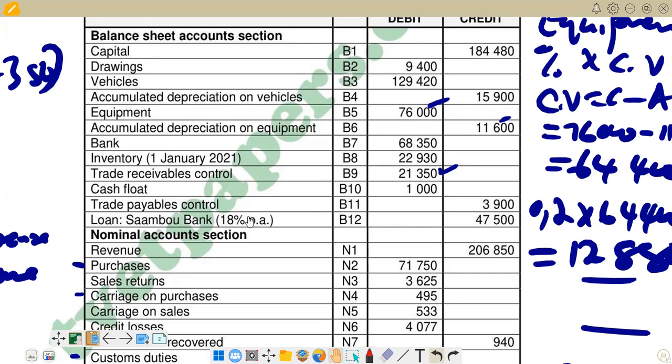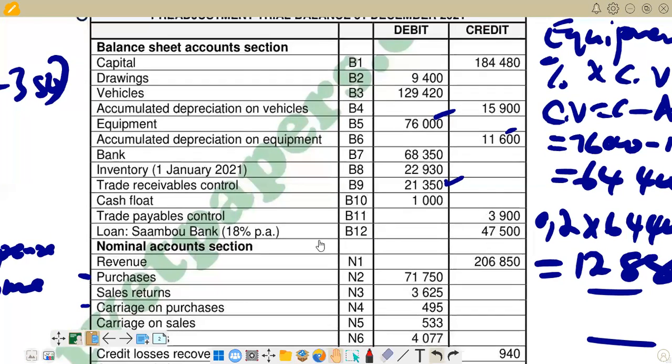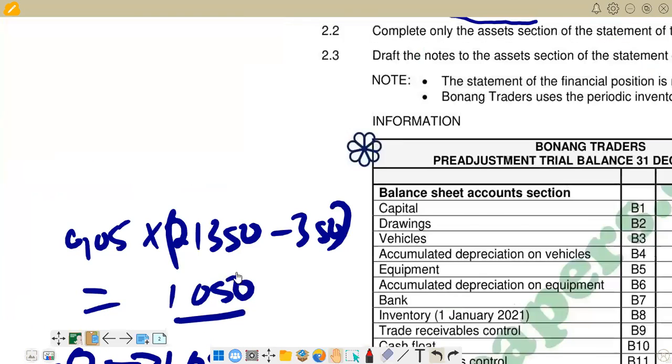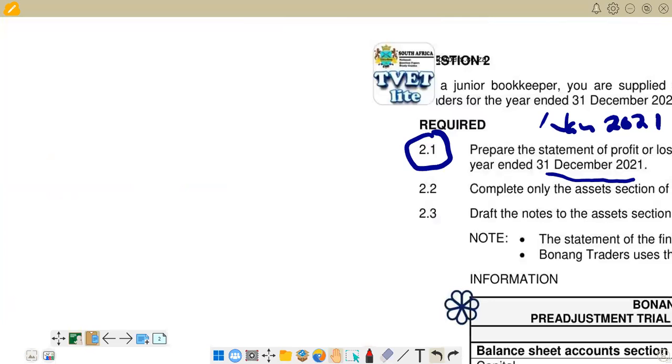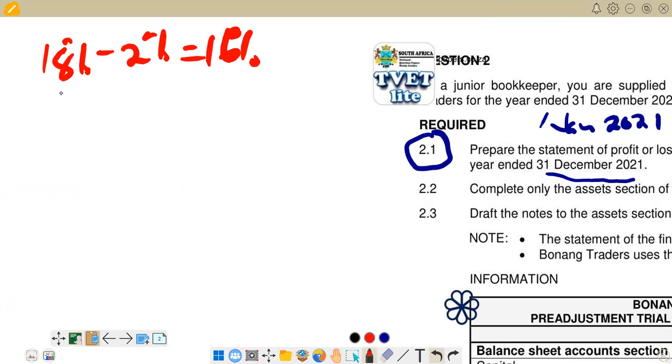So we are going to calculate interest before it was increased and after it was increased. Let's just calculate it with 47,500. Remember, before it was increased, it was 18% minus the 2%. Then you get our 16%. So this is before, for the first 6 months.